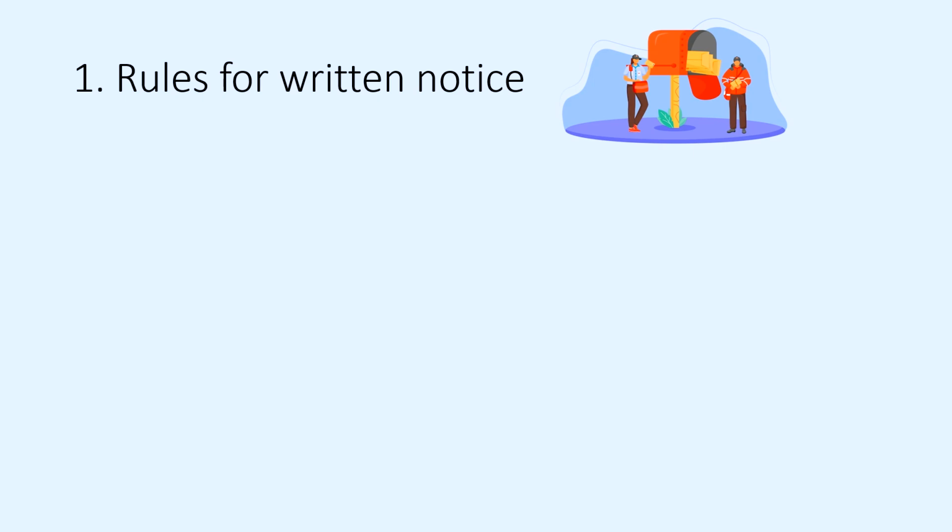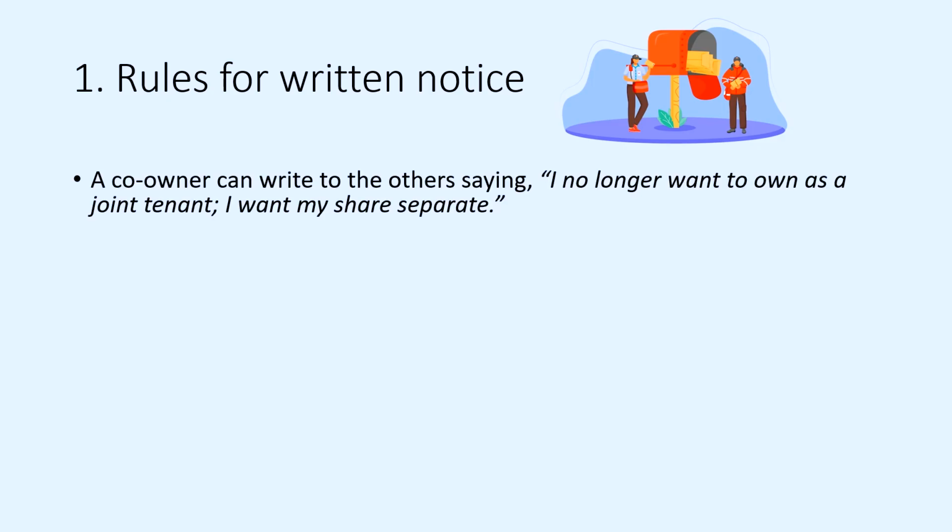And the reason being is that you can just decide to do this on your own without even consulting with the other tenant. So, in a nutshell, you're basically just writing to the other tenant, the other co-owner, that you want to end the joint tenancy and that you want a separate share.